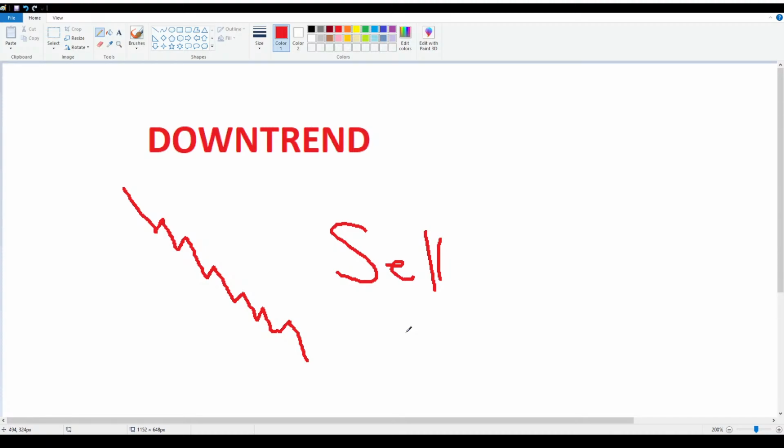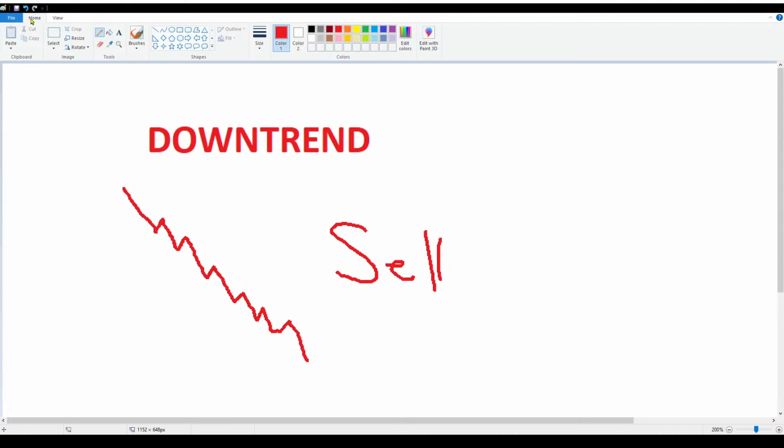Because you want to be trading in the direction of the market, which is very good. That's what we want. So that's why sometimes I can get maybe two signals on two different currencies, but I'll prefer one over the other. The reason is because I looked at the price and I saw that it had a clear trend, okay? So in a downtrend, guys, you want to be looking for sell trades, sell signals. Okay, that's what you want.